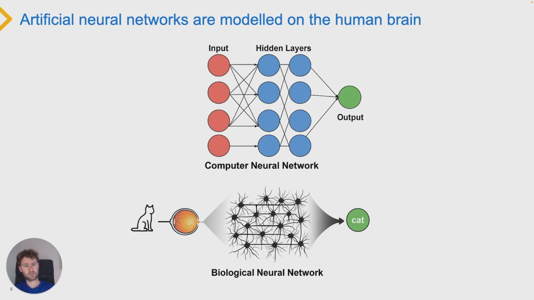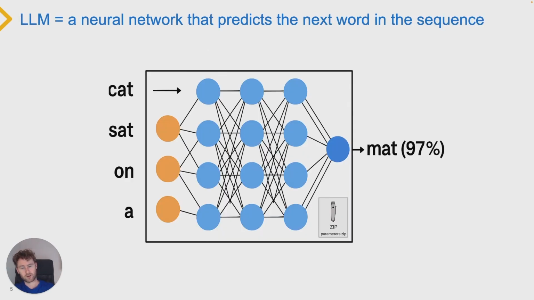Those interconnecting nodes, or neurons, are formed by observing patterns. A large language model is an artificial neural network, but it's specifically trained to predict the next word, or the next token in a sequence.